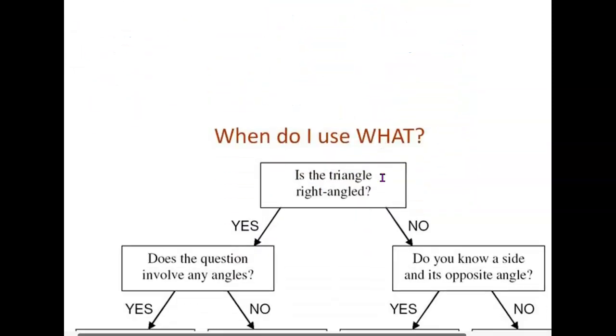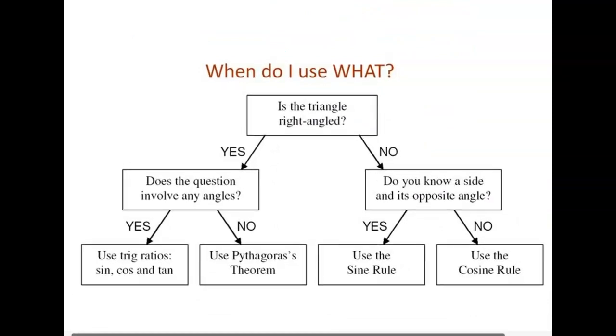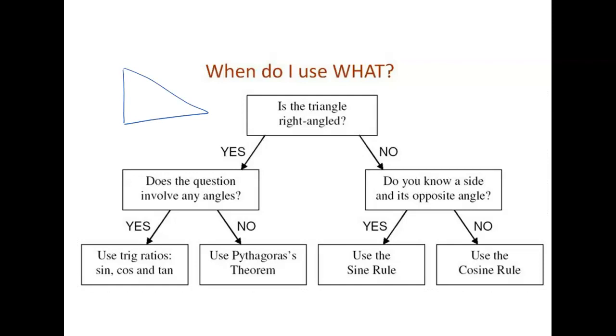I just want to recap all that we've learned so far. When you're trying to decide which ratio to use, this is a flowchart that might help you distinguish what to use. The first question you always ask yourself when you're given any sort of triangle is: is it a right angle triangle?